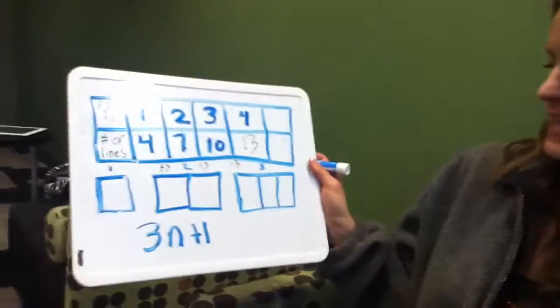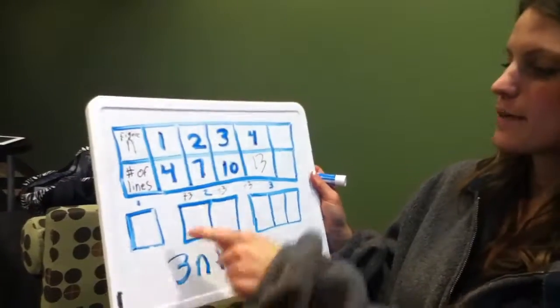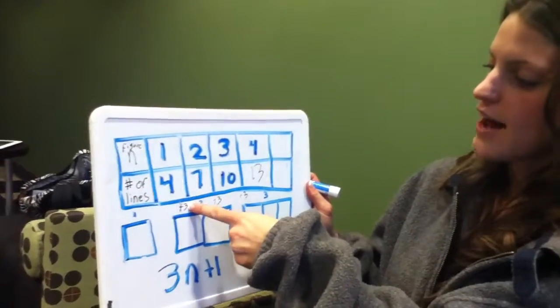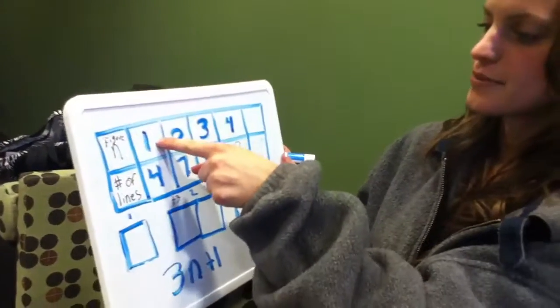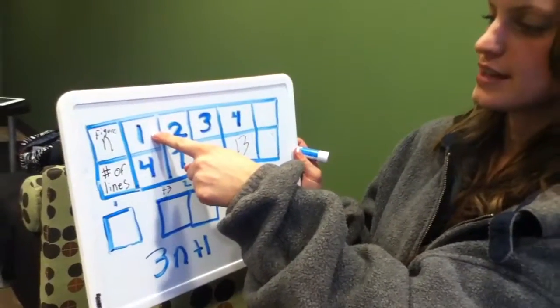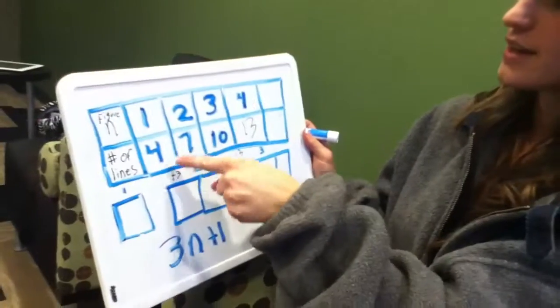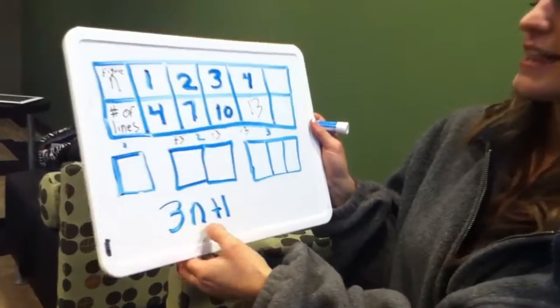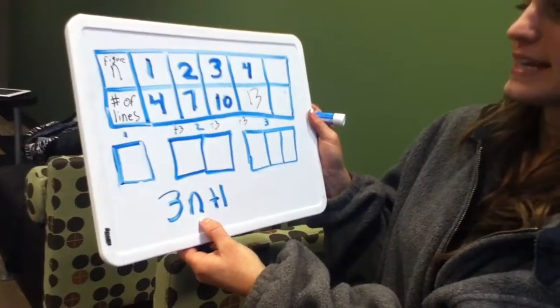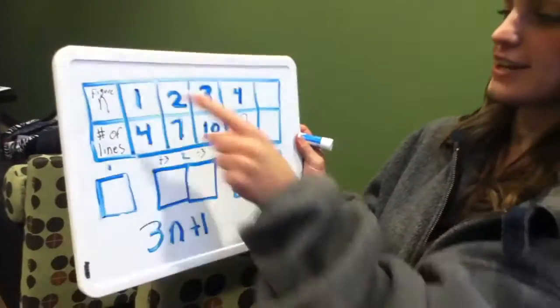And that would be because the 3 would represent how many times the number of lines goes up related to the figure number. So that's what the 3 is. The n would be the figure.